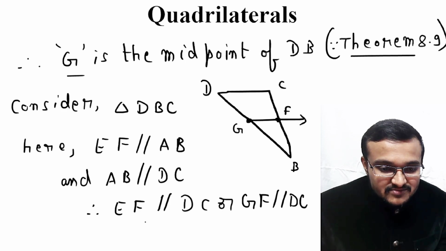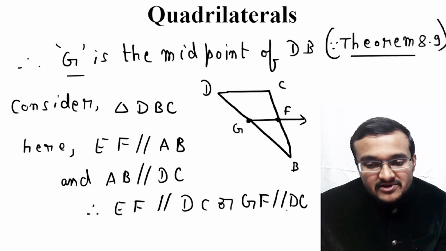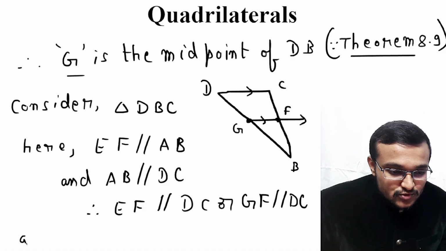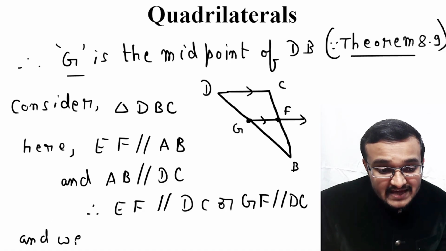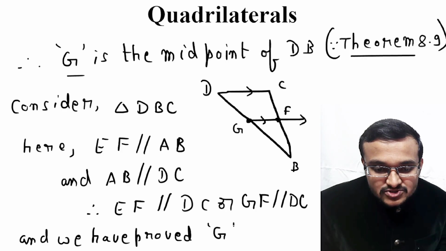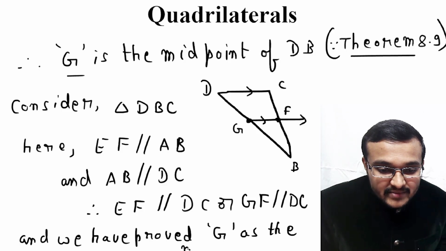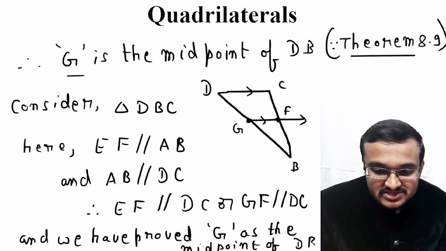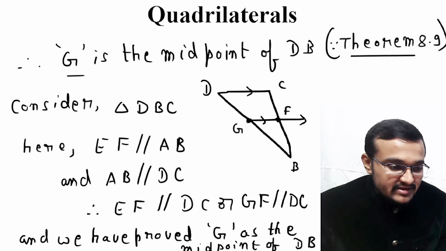That's why in the place of writing EF, I am writing GF parallel to DC. And we have proved G as the midpoint of this particular DB line.